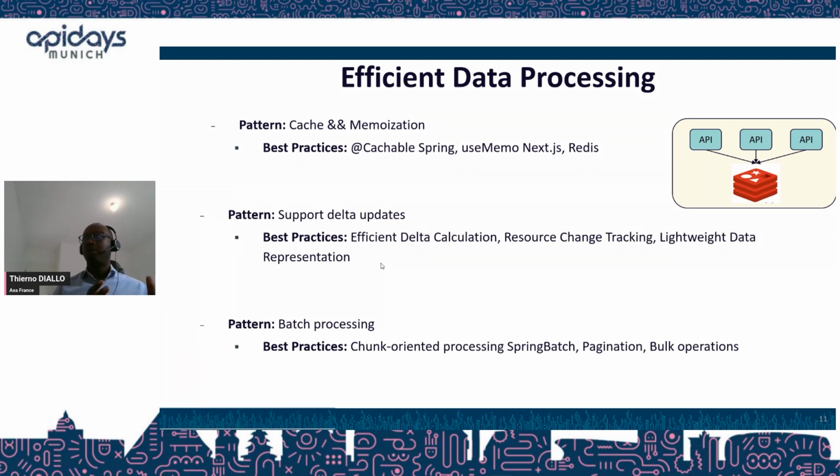But you have to be aware that you must implement a very efficient delta calculation, in order not to lose the resource efficiency on calculating the delta instead of sending all the data to the servers. So you have to be careful when you use delta calculation or resource tracking.